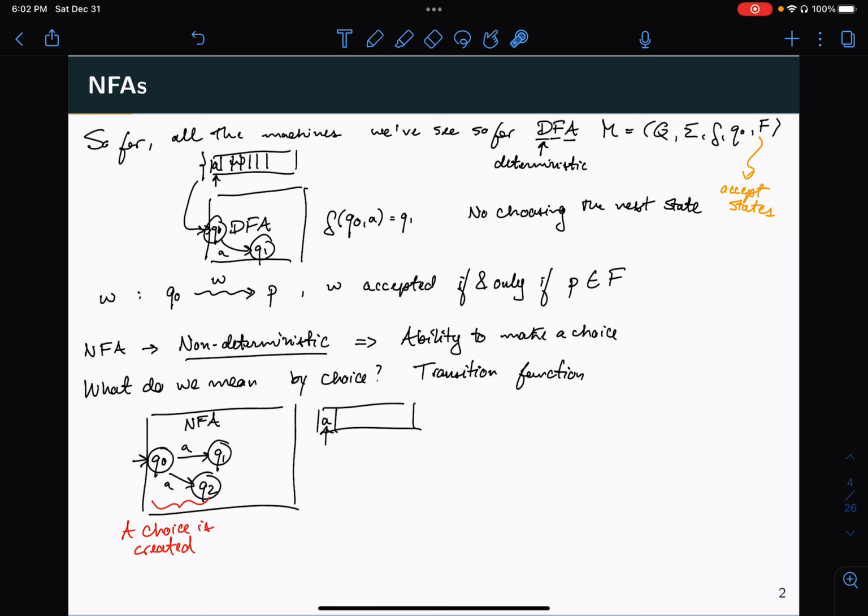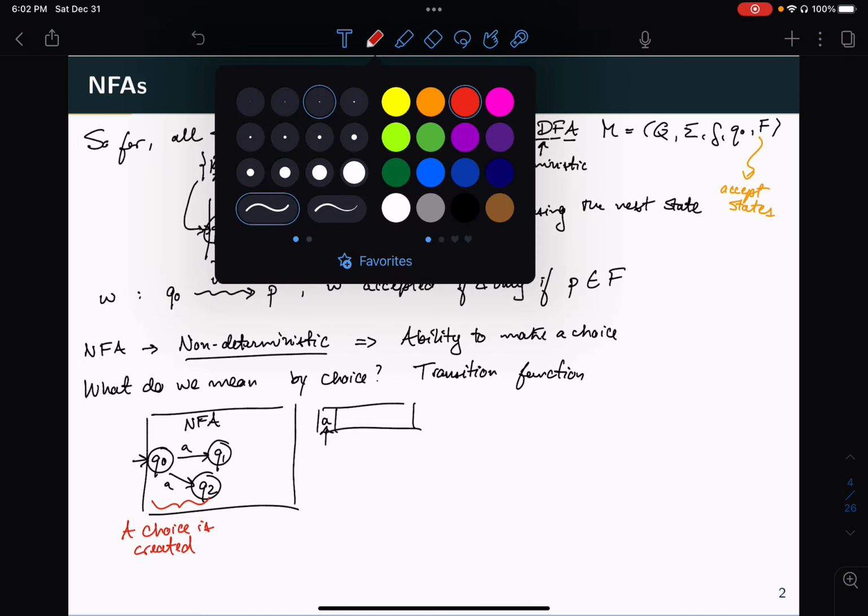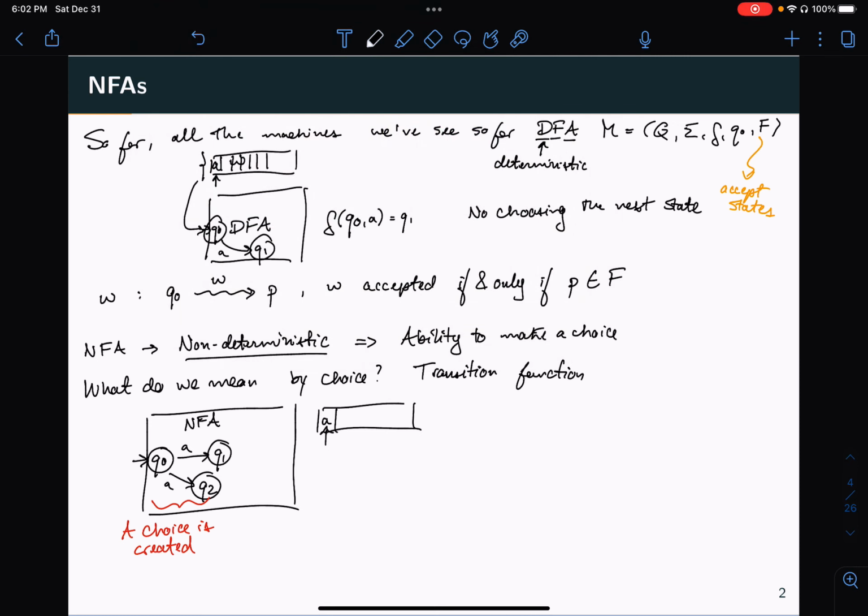Okay, and this is illustrated, in fact, in the formal definition of the NFA, which we'll see in a second, by the fact that now, when you're reading a symbol, so A, and you're in some state, say Q0, your transition function now returns a set. Okay, so now this is very important. It returns a set of states, and this set of states represents the choices that you have.